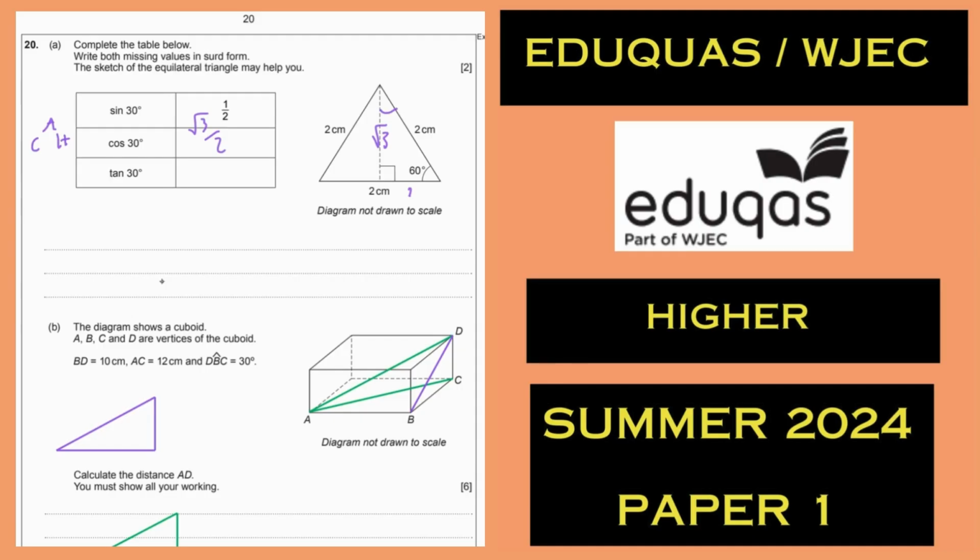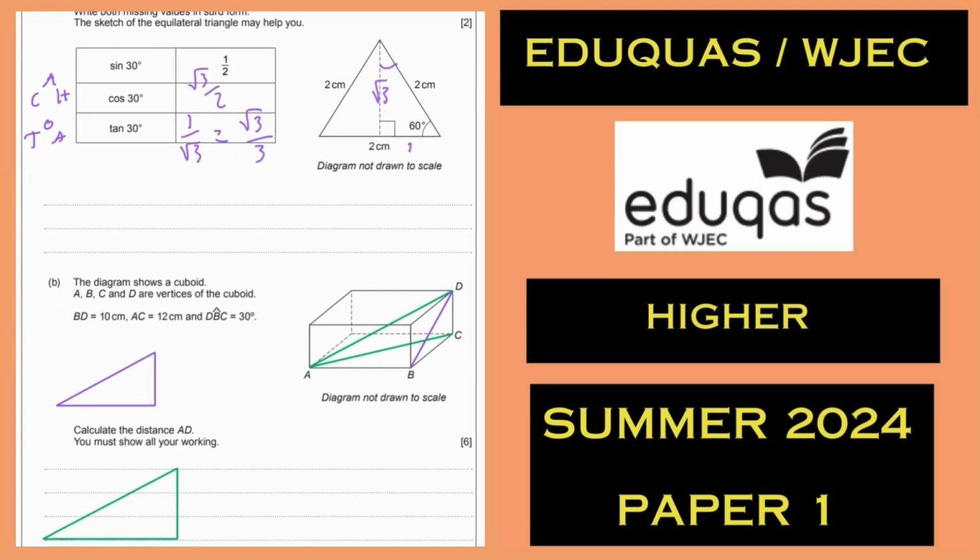Tan 30, tan is TOA. Same triangle you can use, except for tan, it's going to be the opposite, which is 1, over adjacent. So 1 over root 3 is a correct answer. If your teachers nag you to rationalise, it's root 3 over 3, they are the same thing.